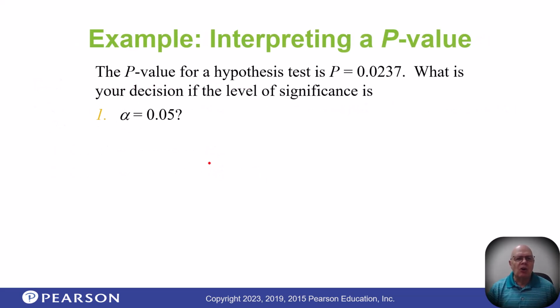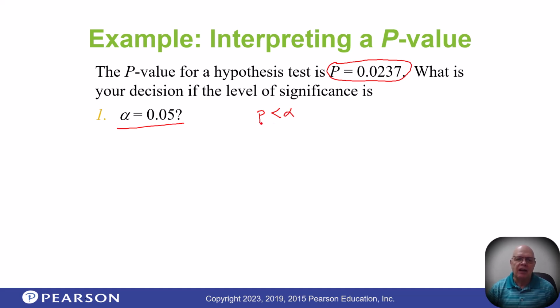So let's get started. Suppose we do get a p-value. Now we haven't yet, but suppose we did, and that p-value is 0.0237. What will be your decision if the level of significance alpha is 0.05? Remember, what you're checking is, can you reject the null hypothesis? And that'll be if the p-value is less than alpha.